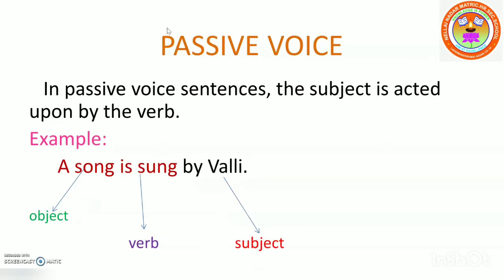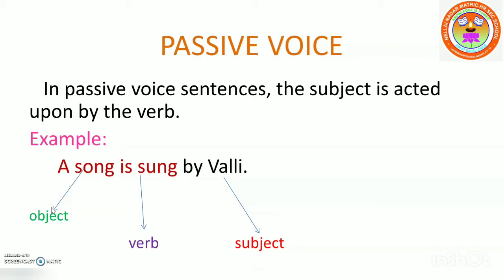Next we will see passive voice. In passive voice sentences, the subject is acted upon by the verb, which means in passive voice sentences, we give importance to the action only. Say for an example, a song is sung by Valli.